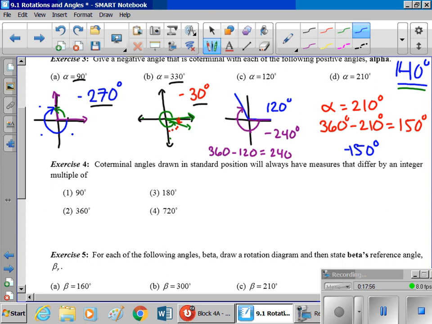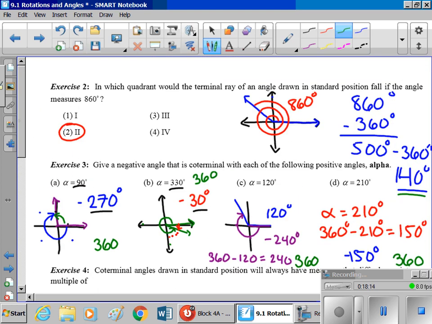Coterminal angles drawn in standard position. What do these all differ by? The list differs by 360. It differs by 360. Differs by 360. Differs by 360. So sorry about that. And if you look up here, all these angles that we did all differ by 360. That's what we're doing over here.